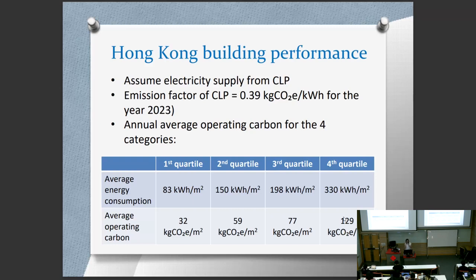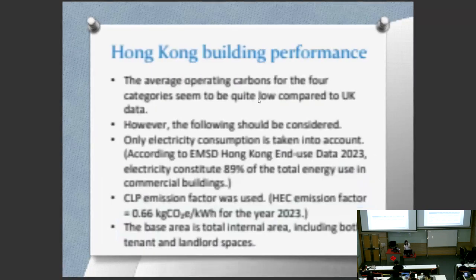But you have to understand that in the UK, the emission factor that the author used is 0.6. And then in Hong Kong, if we use the emission factor of CLP, 0.39, which is much lower than that of the UK. So that's why when you compare the emissions of carbon dioxide, you have to understand the fuel mix of that region, or the emission factor, the assumptions behind.